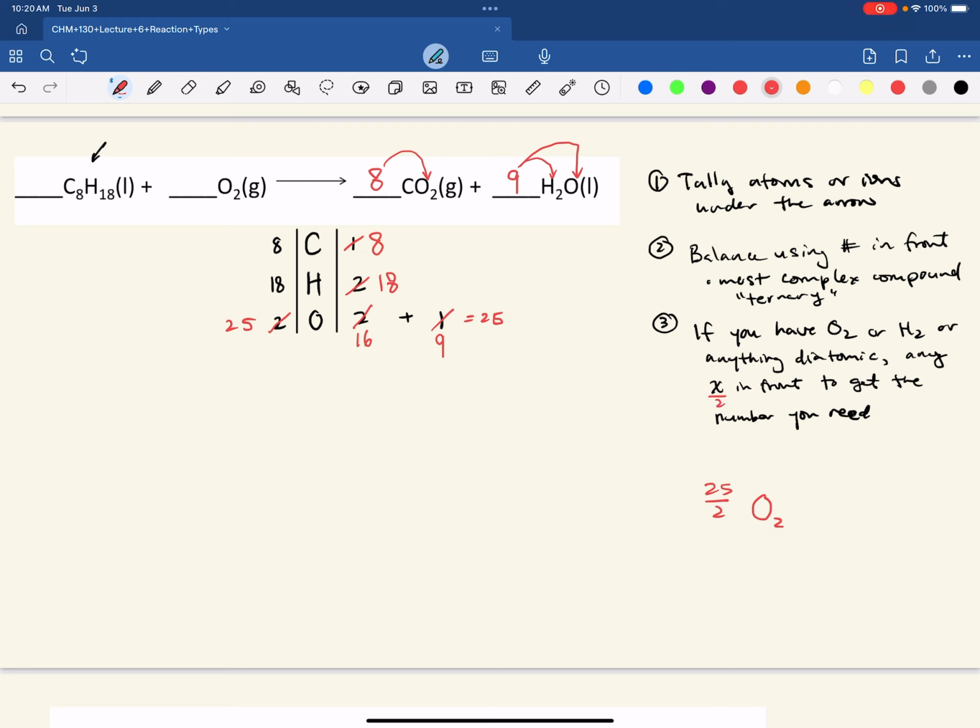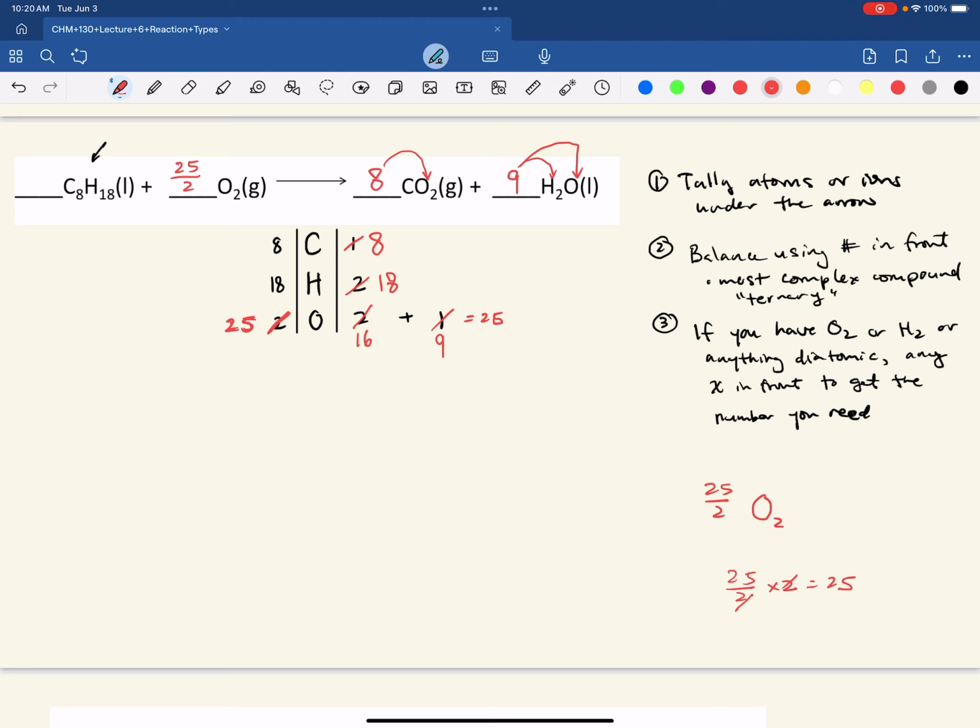So basically, if I want 25, I just put it over 2. Because if you think about it, 25 over 2 times 2 is 25, right? So if I put a 25 over 2 here, now I have 25 underneath, okay? That looks pretty good. Now everything is balanced.